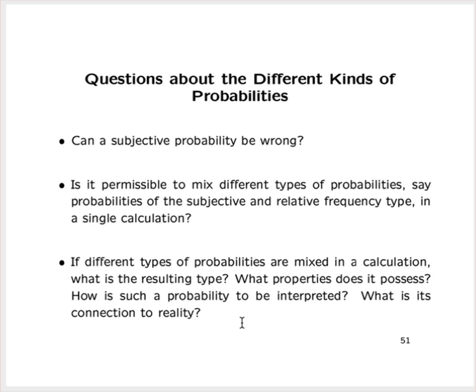So in a very large number of trials, we might expect that the proportion of times that the event occurs is approximately equal to the probability. That gives us a way to interpret what that relative frequency probability represents. What is the interpretation, what is the connection to reality, of a probability that's obtained by mixing two or more types of probabilities? Those are some interesting questions to consider.